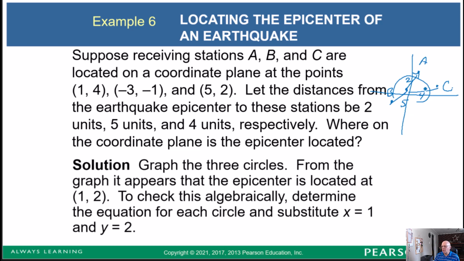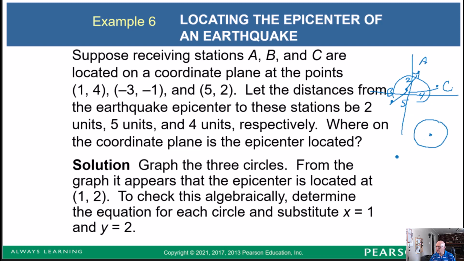So graph the 3 circles. When you graph those 3 circles, you'll take A, for example, and it's got a radius of 2. It's 2 miles or 2 units from the center. So you draw a circle with a radius of 2.